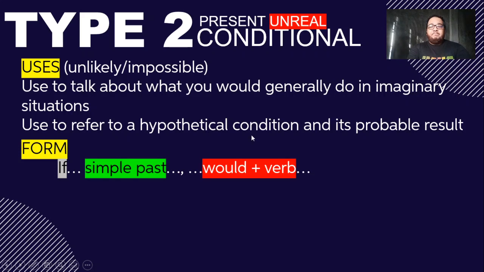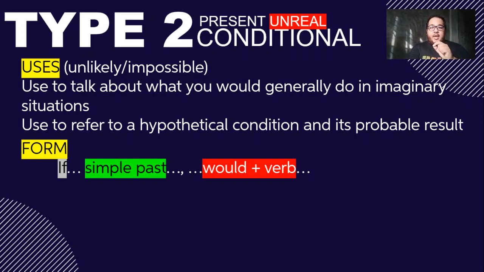As to the form, it follows the pattern: if. Of course, you will always use if for type 2. No use of when, because when you make use of when, we are very certain. But because this is imaginary, hypothetical, or impossible, unlikely to happen, we make use of if as our conditional starter.